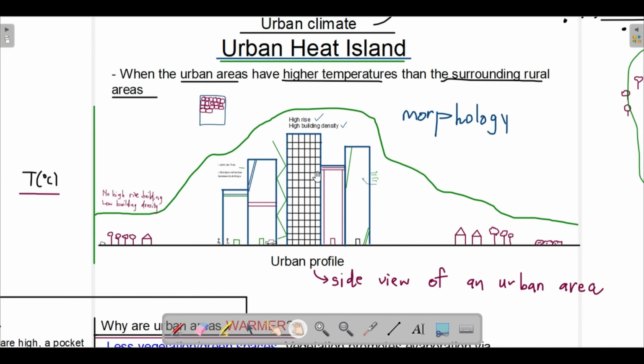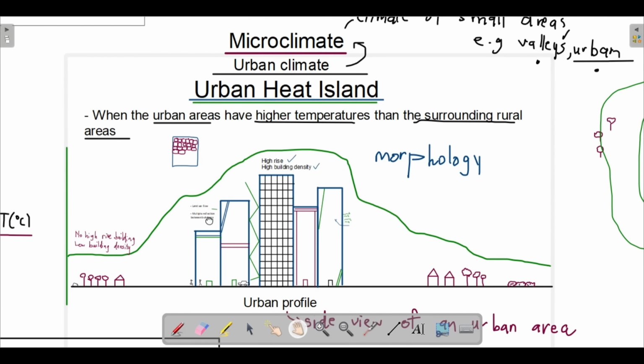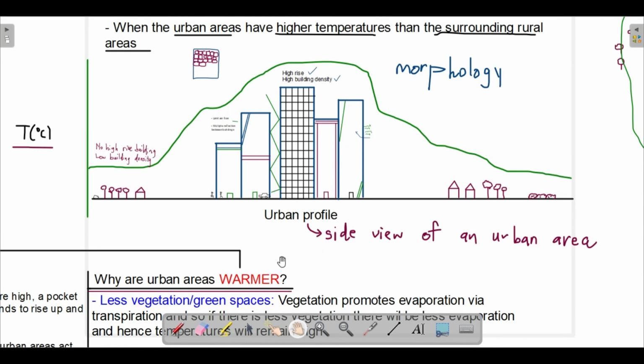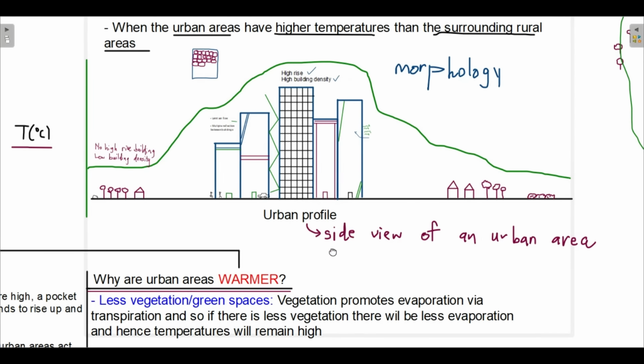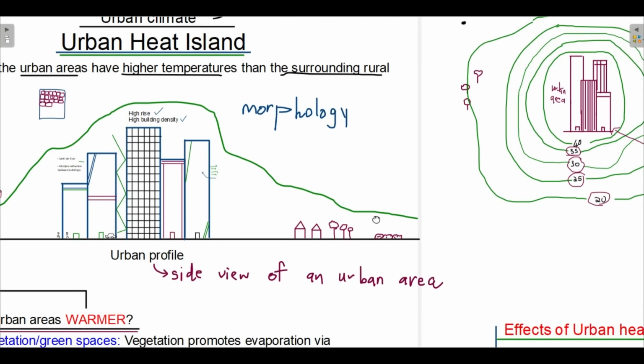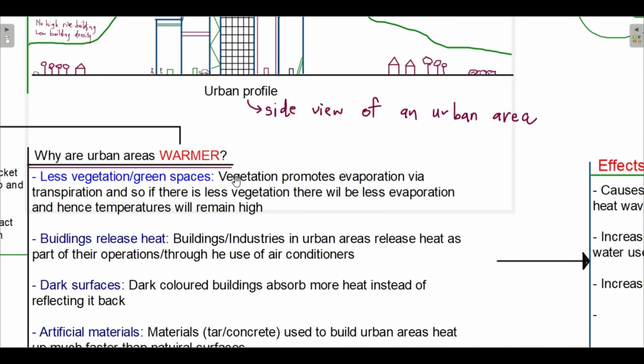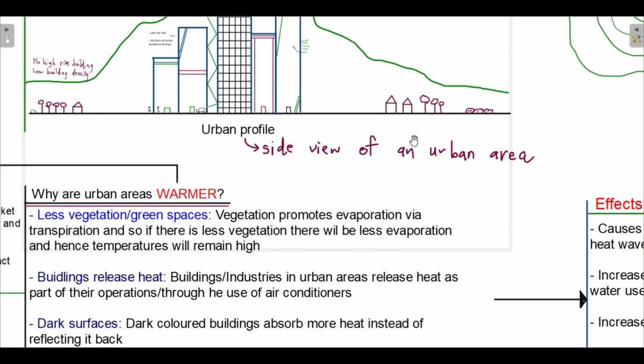So now we go ahead and ask the question, why are urban areas warmer than rural areas? You should also know why rural areas are cooler than urban areas. If you know why urban areas are warmer than rural areas, then you will know why rural areas are cooler. It's actually the opposite.